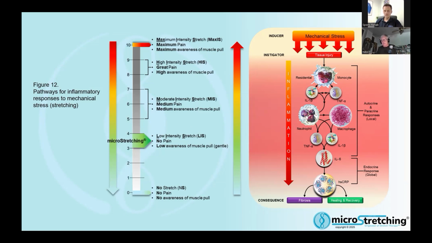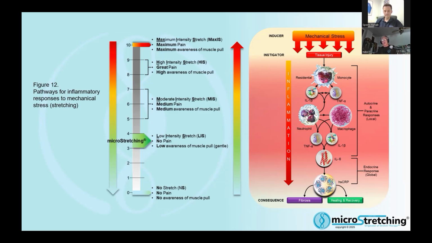So with this particular study, again, we had a randomized crossover trial, and we specifically looked at HSCRP again, because in order for HSCRP to express, as I said earlier on, IL-6 needs to be expressed. And in order for that to get expressed, tumor necrosis factor alpha and IL-1 beta have to be expressed locally.